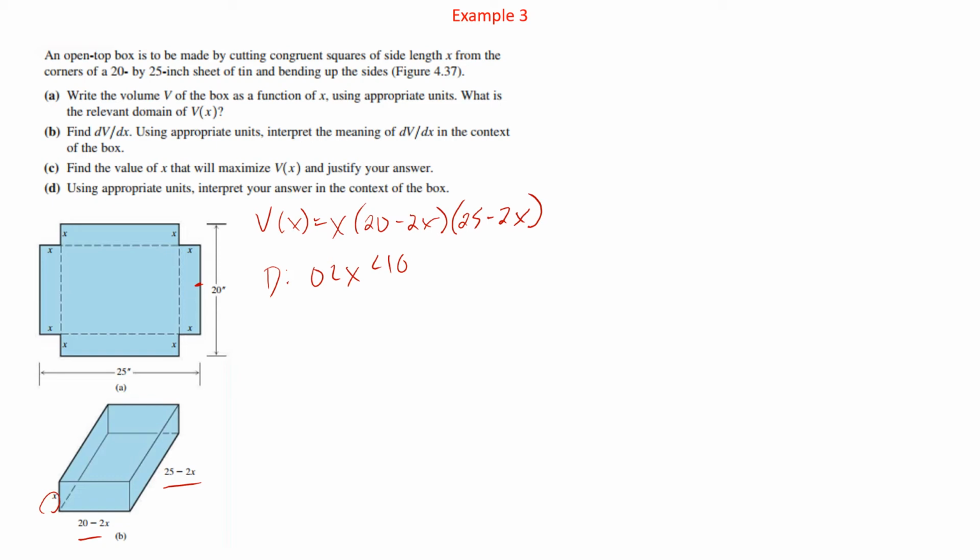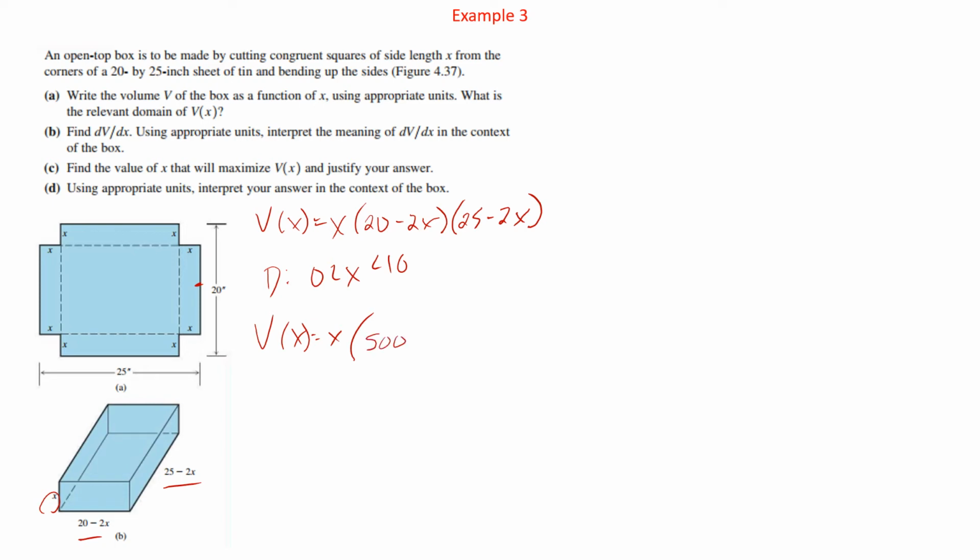And now we're going to have to find the derivative, dv over dx. Looking at this, this is a triple product rule. I don't want to do a triple product rule. Let's multiply this out and then find the derivative. So v of x is x times 20 times 25 is 500.